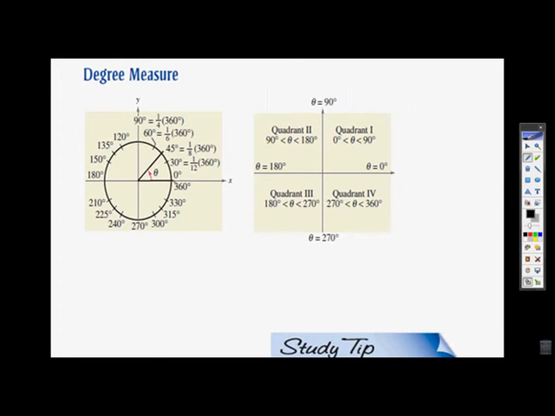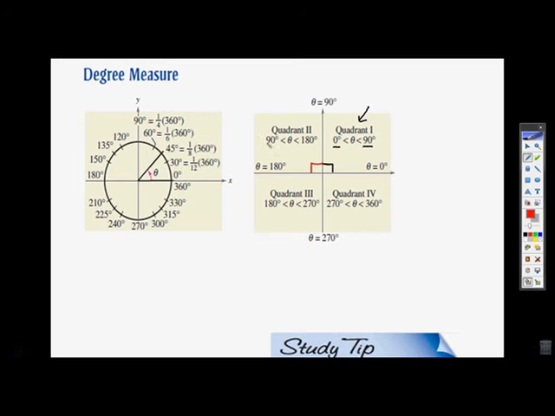Now here, I said previously, we have 360 degrees in a circle. If we start chopping up our xy plane into degrees, we're going to have different angle measures. Anywhere between 0 and 90 degrees. Here's a right angle in our coordinate plane. Any angle between 0 and 90 is going to fall in quadrant 1. Over here we have another right angle.